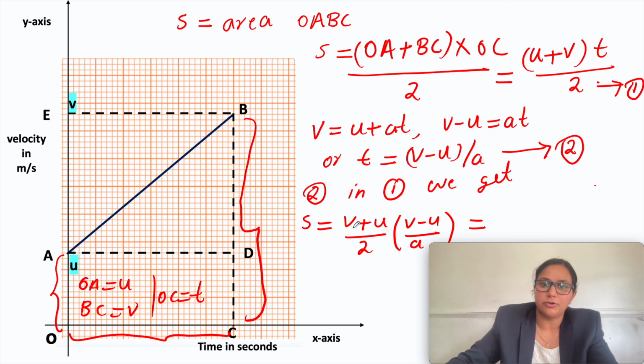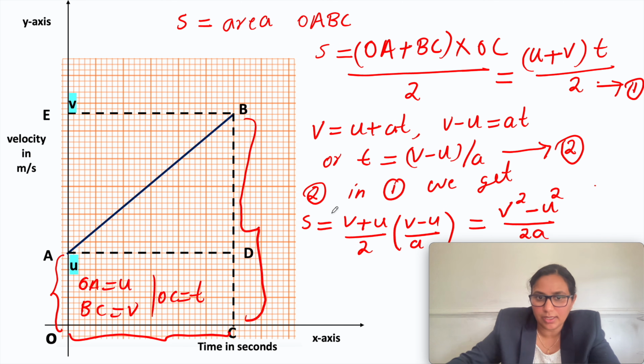This is in the form of the mathematical identity (a + b)(a − b) = a² − b². Similarly, (v + u)(v − u) is equal to v² − u², divided by 2a.